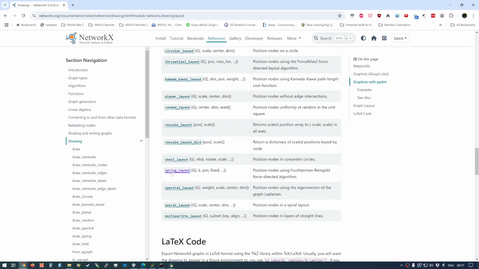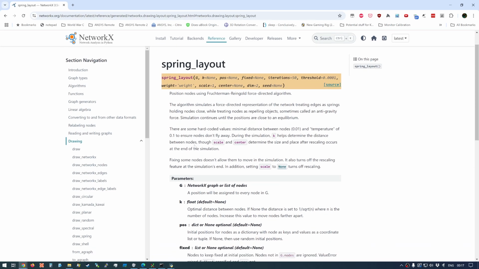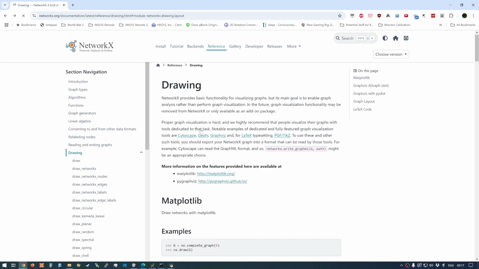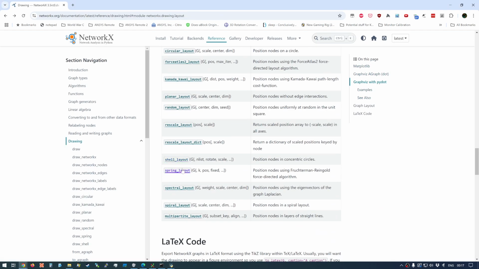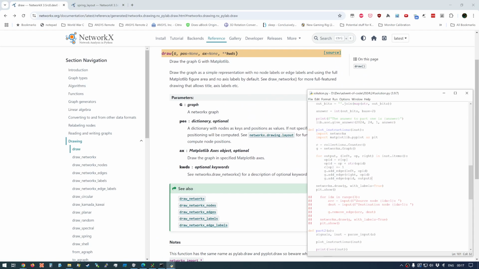Oh, spring layout. That's what I'm looking for. There we go. So this is yep.